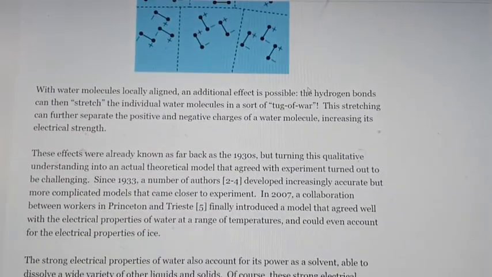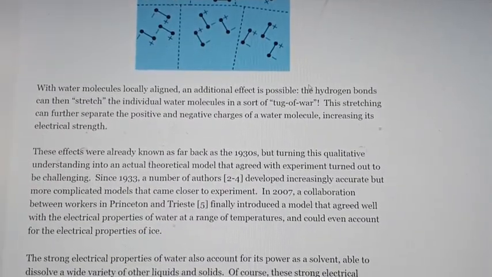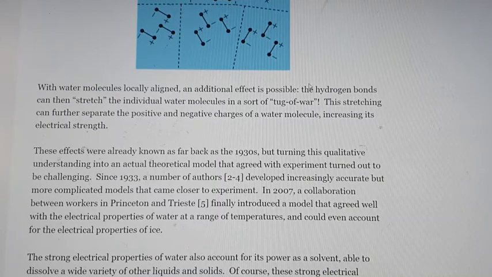So with water molecules locally aligned, an additional effect is possible. The hydrogen bonds can then stretch the individual water molecules in a sort of tug of war. This stretching can further separate the positive and negative charges of a water molecule, increasing its electrical strength.